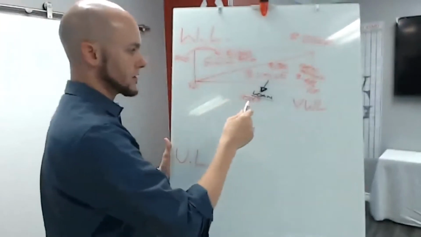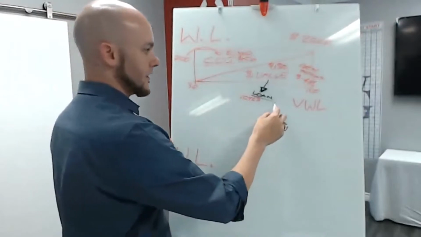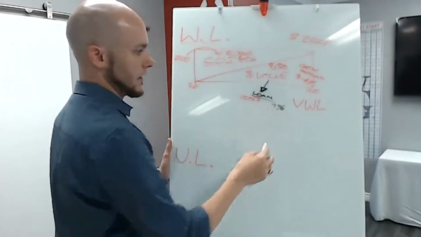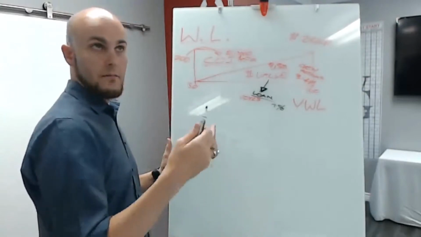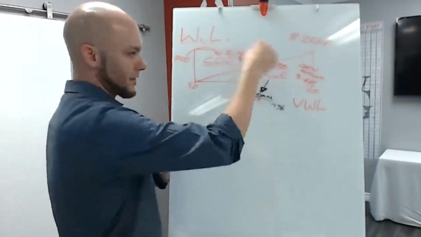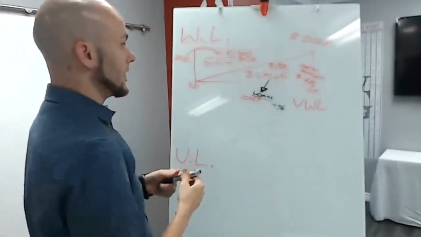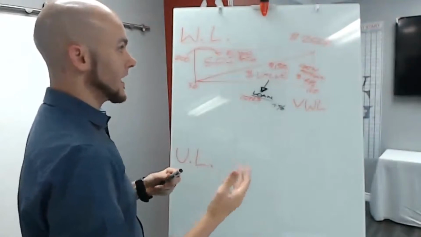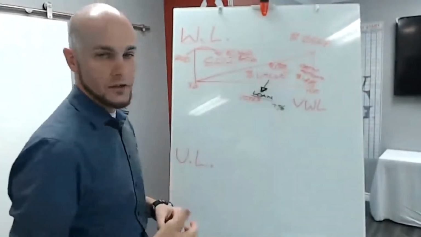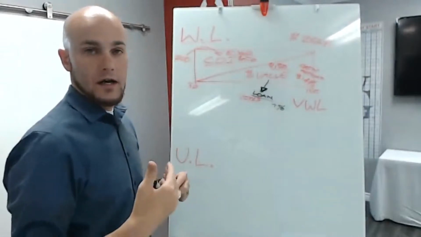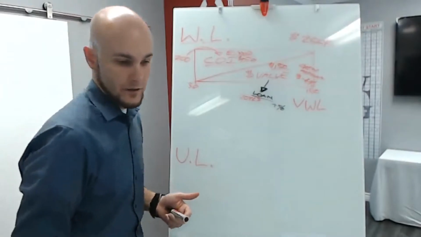But in whole life policies, which is different from universal and their variations, there is a positive interest rate, and the money would need to be paid back, but can be paid back through the policy itself. So that is a whole life policy. If you die, there's a death benefit. If you live, there's cash value that can be used, as long as it's taken out right, income tax free.